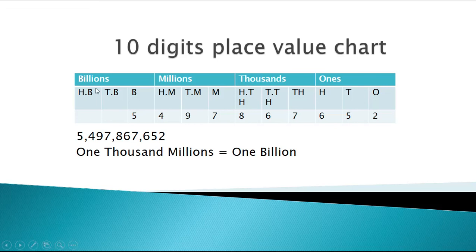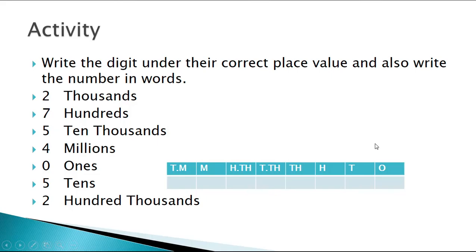So we will read easily this 10-digit number: 5,497,867,652. Comparison: 1,000 millions is equal to 1 billion.